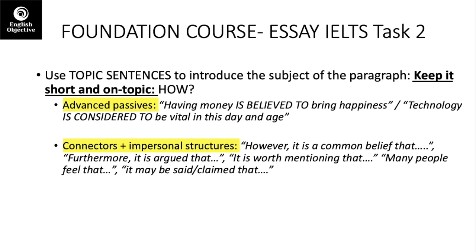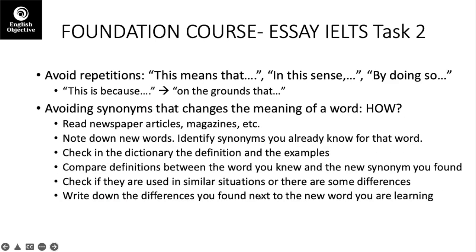With the advanced passive or the connectors with impersonal structures, as it is in this case. "Many people object to smoking" is the same as "many people feel that smoking is wrong". Yeah, that's the same meaning. So after that impersonal structure, I could join the sentence with the use of a linking word: on the grounds that it can be extremely harmful to one's health.